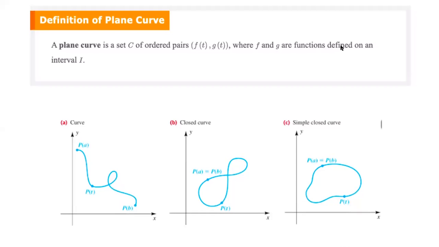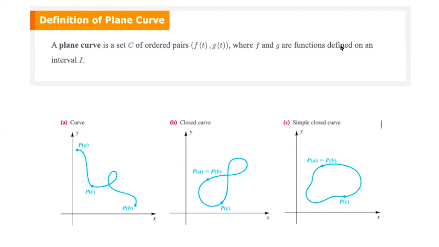So a plane curve is a set of ordered pairs. We're going to look at a lot of ordered pairs today, where f and g are functions defined over an interval. When we're plotting our graphs, not only do we want to plot them like we can see in A, B, and C here, but we also want to think about the direction in which we're going.